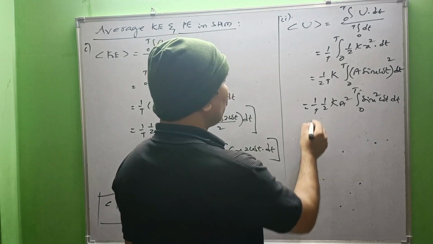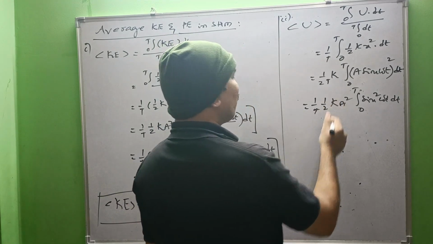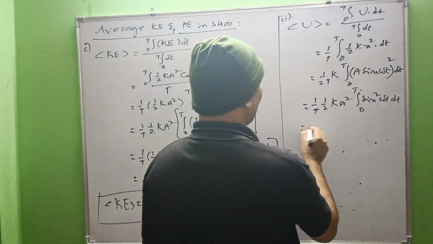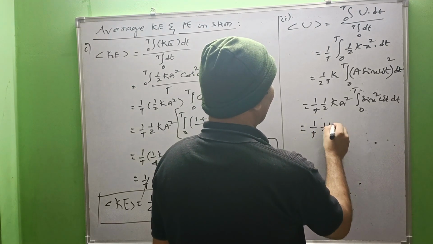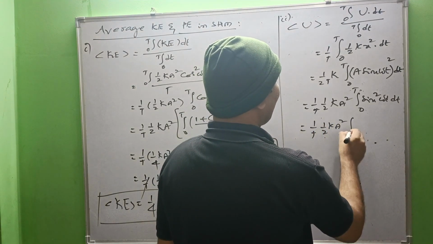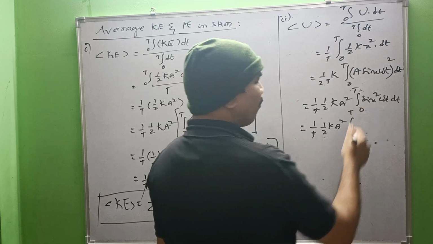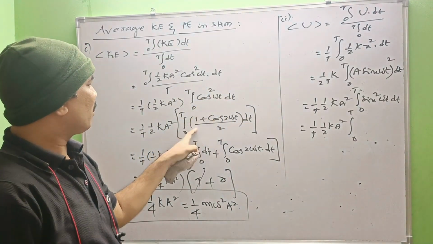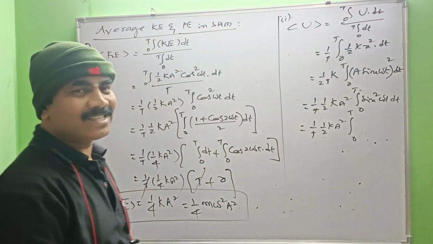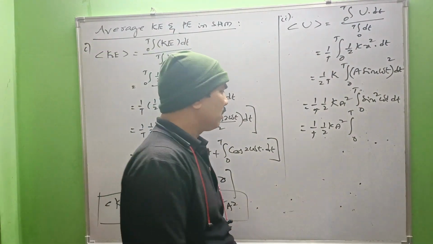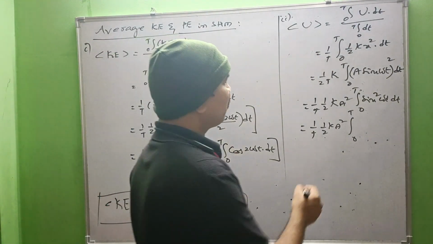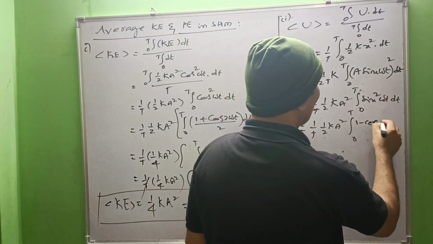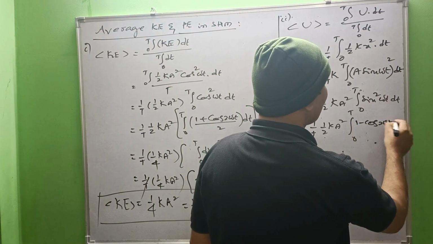So 1 by T multiplied by half k a square, into again integral 0 to T. What is cos square theta? 1 plus cos 2 theta by 2. Now what is sin square theta? We have one relation: 1 minus cos 2 theta by 2. Theta means omega t.